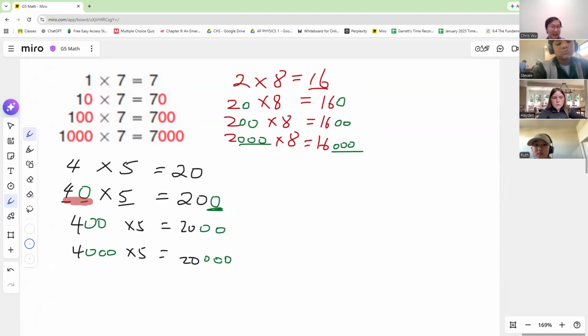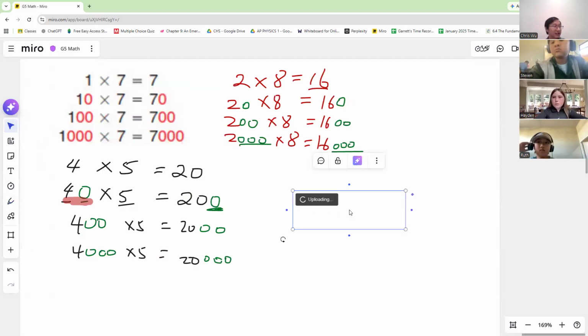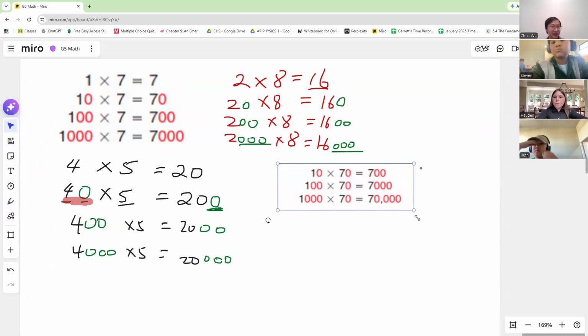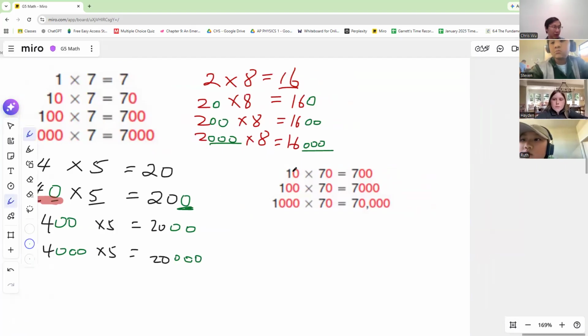Okay then, what if we go a little bit more crazy and allow both numbers to be multiples of 10? So let's see this one. If I have 10 times 70, what would happen? Well, you can think of this as 1 times 7. That gives you the 7 over here, and then just count how many zeros I need to add at the end.